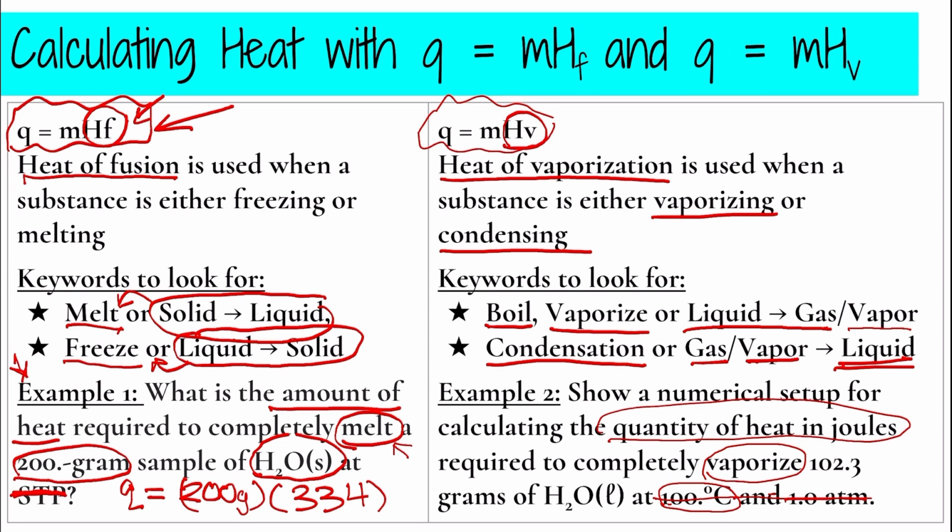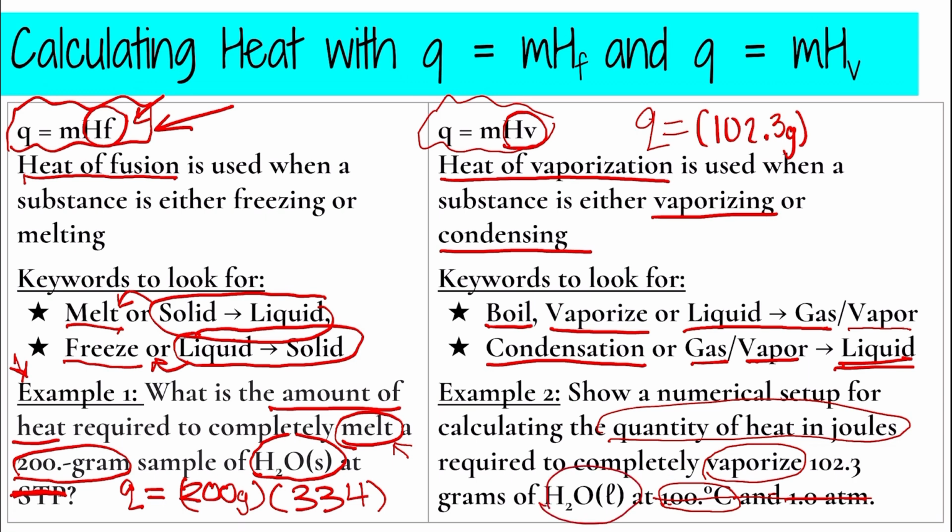Q stands for heat, and the unit for heat is joules. So I'm going to set this up here. Q is my X. Q equals M. In this case, M is 102.3 grams. And then we have HV, and they tell us the substance is water.